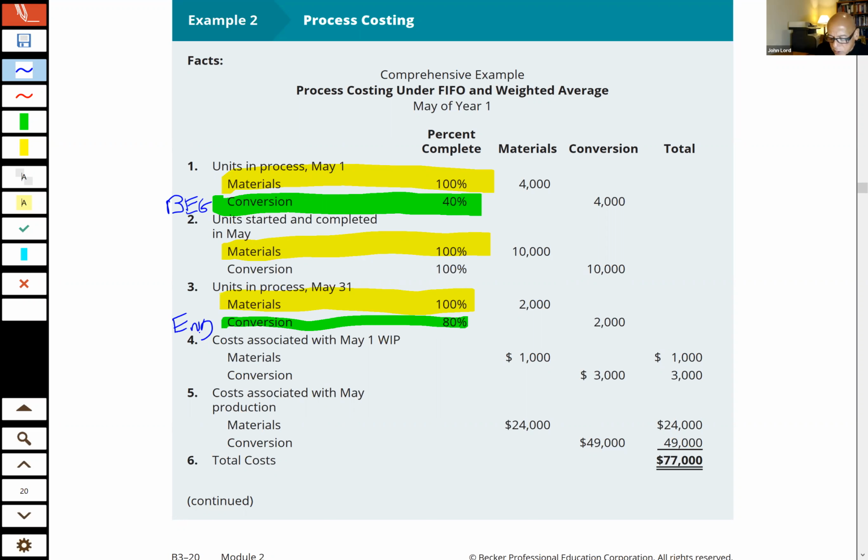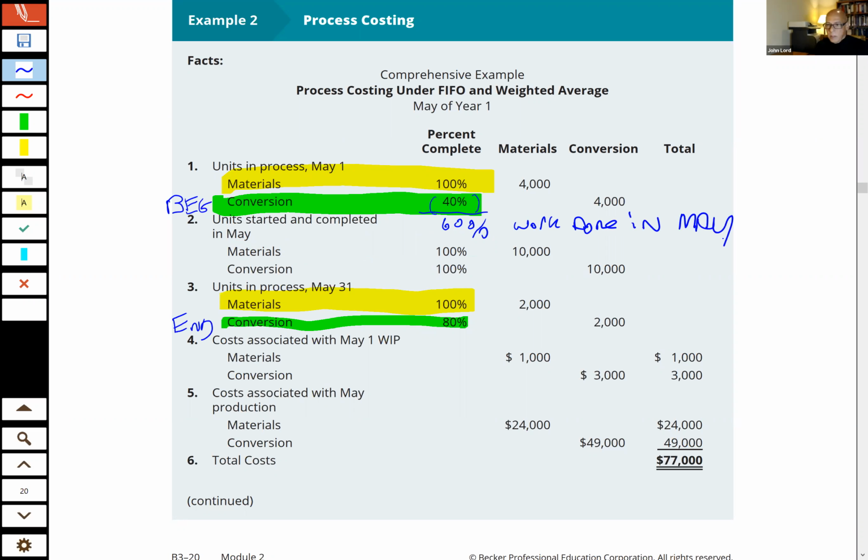Now, let me ask you a question. If we were 40% complete as of May 1st, how much work do we have to do on these in May? What's the amount of work done in May? 60%. Good. 60% is the work done in May on my conversion costs.